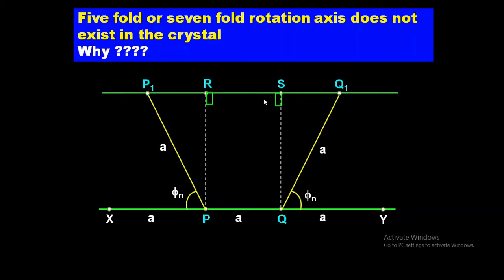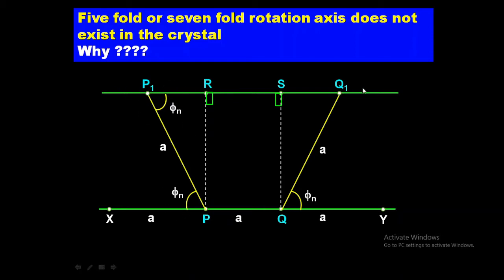If we consider p1p as a transversal, then by the property of parallel lines, if this angle is phi n, this angle is also phi n, because these are alternate angles. According to the theorem of alternate angles, if this angle is phi n, this angle is also phi n.